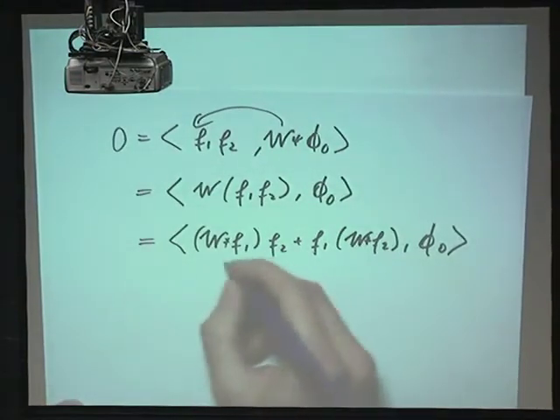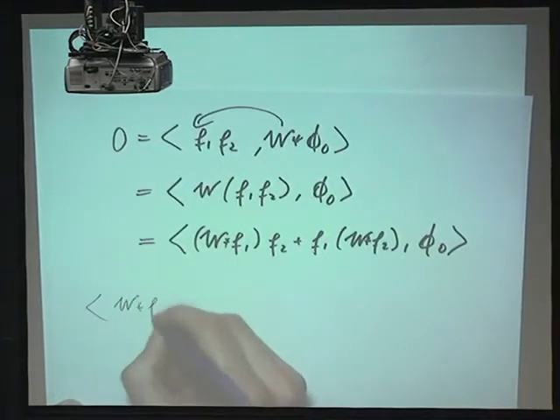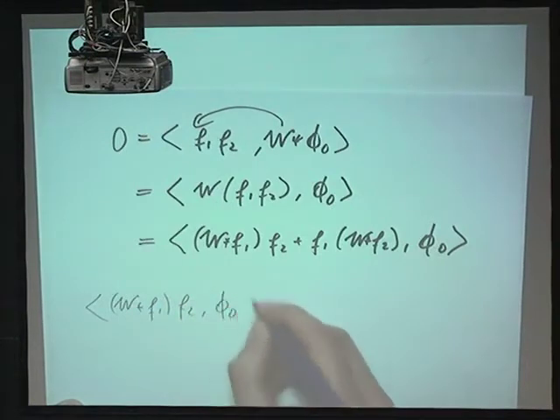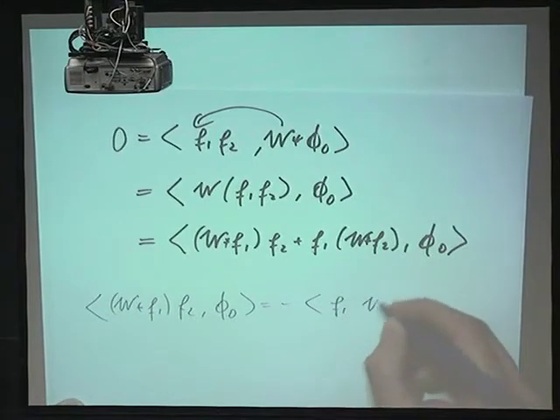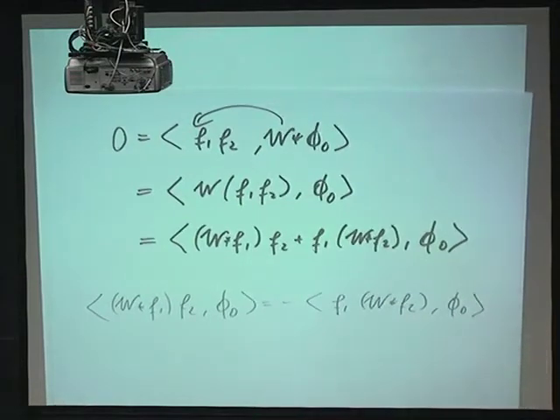This is saying, in a way differently written, that W f1 f2 inner product phi 0 is equal to minus f1 W applied to f2 phi 0. It looks like the adjoint formula, but it's sort of all happening in the left side of the inner product. And it's very special for taking inner product with phi 0, and it's very special for W. But that's precisely what we see here.